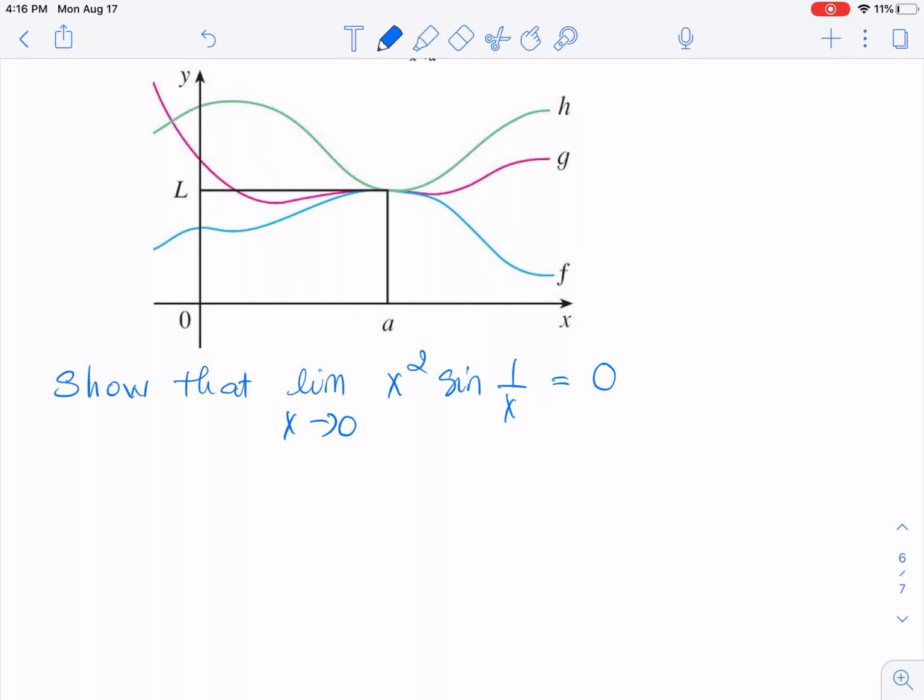Anyway, we want to squeeze something in between. So we need to find a function f smaller than g of x, which is this function.